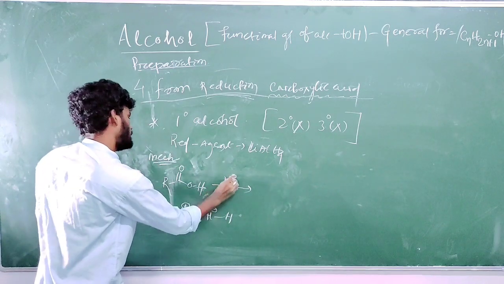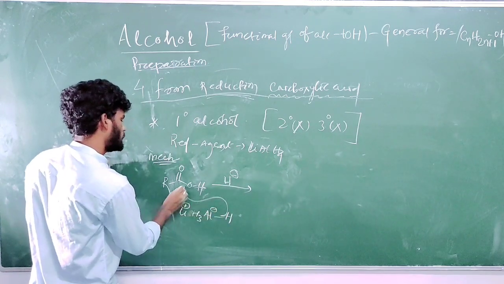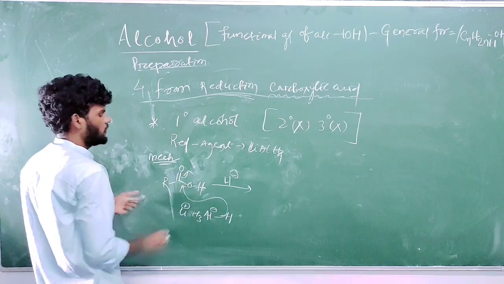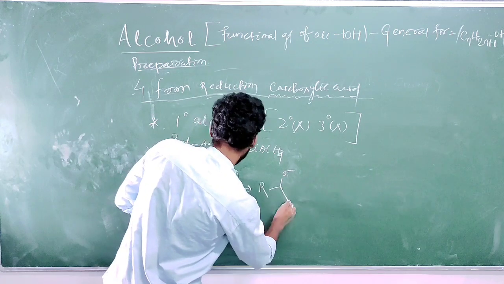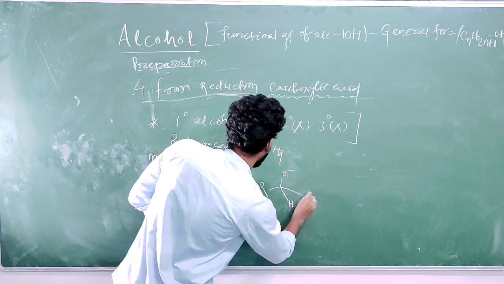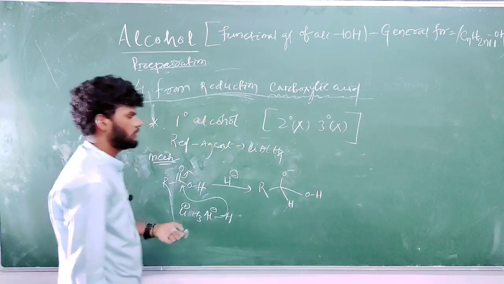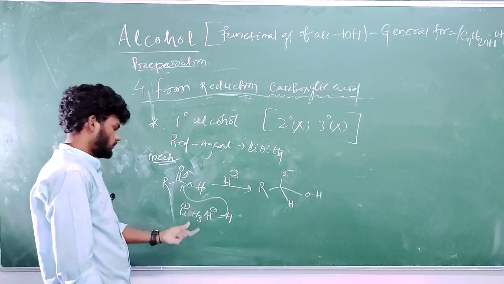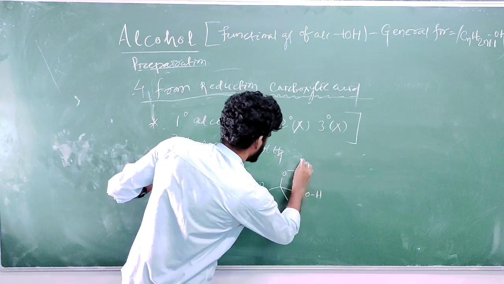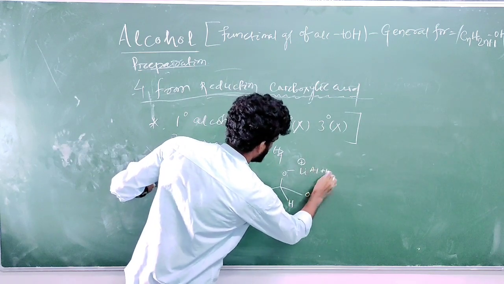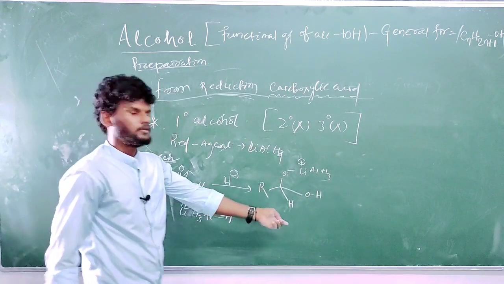Hydrogen here is the nucleophile, H minus. This bond moves, H minus attacks the carbon center, and this bond moves over to oxygen. So R C O minus, hydride attached here, here is OH. This is the first O minus. The negative-positive pair is what? Lithium plus aluminum H3. So this is the transition state.